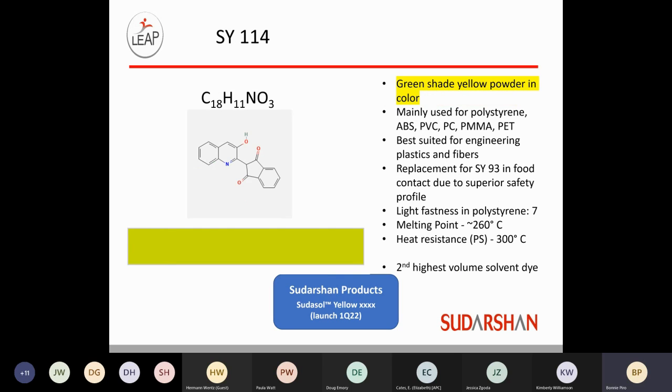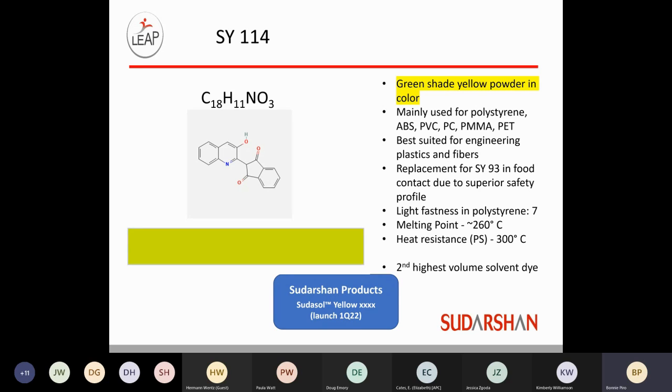In volume is the solvent yellow 114. This is a green shade yellow in color. Again, a variety of polymers are suitable for this solvent dye.